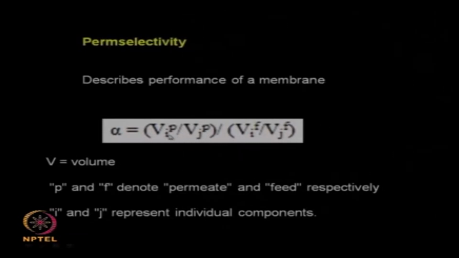Here I and J represent individual species or components, P represents the permeate and F represents the feed. So alpha, the permselectivity, is a function of the permeate to the feed, of the volume actually.